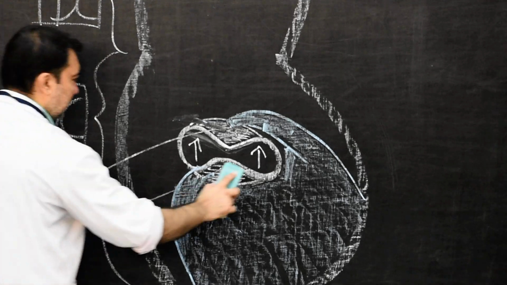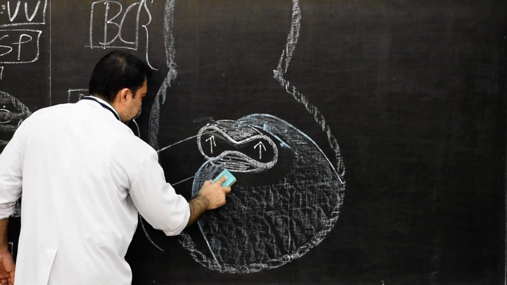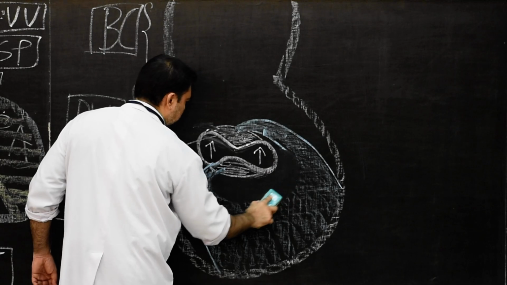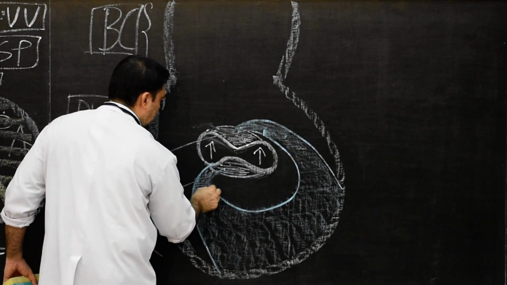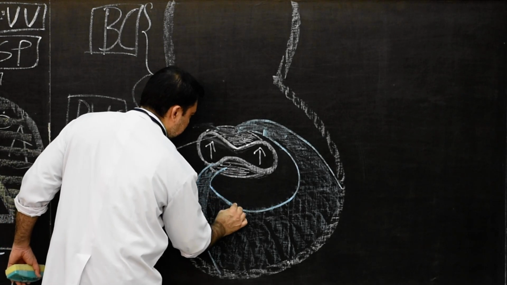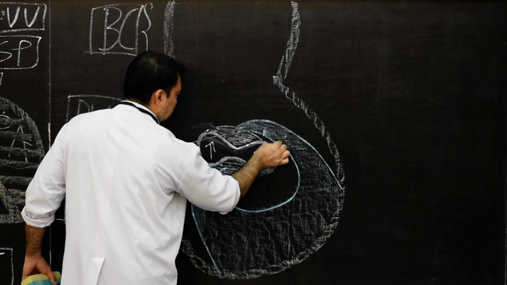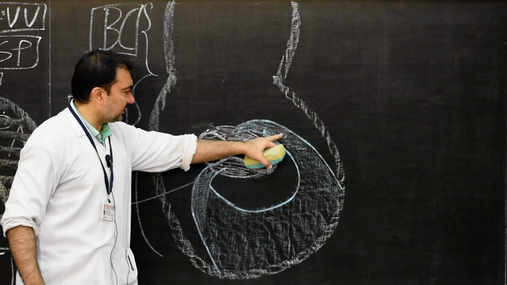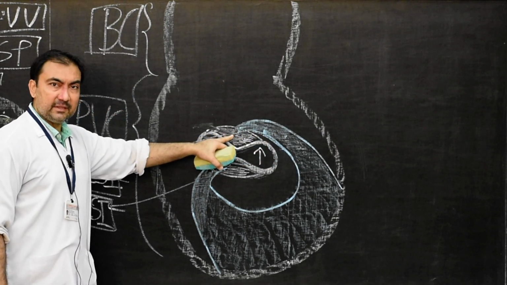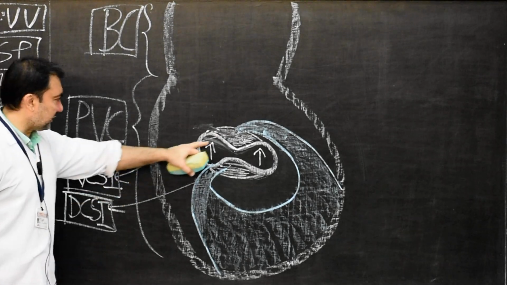Therefore, here we will leave a small space as it is, and we will draw it with a concave margin. This is the concave margin which we need to draw. So here, this is the ventral horn of the ventricular septum fusing with the ventral cushion of septum intermedium.